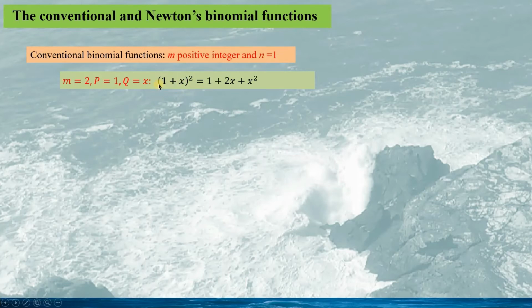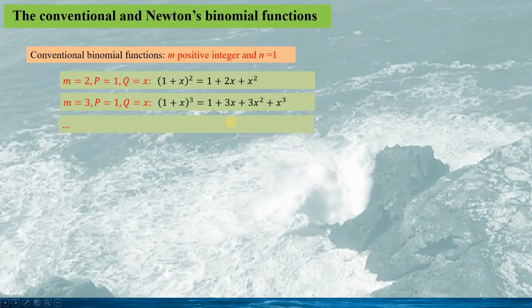So we have the binomial function (1 + x) squared. So we have the expression for this. And if we take m equaling 3, we have the expression as this. And so on, we can have more different conventional binomial functions.